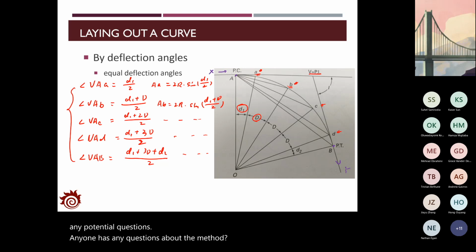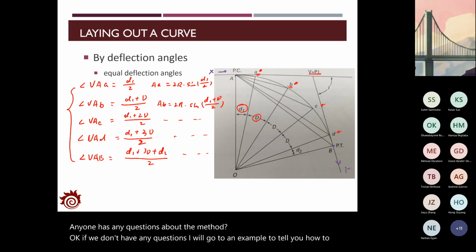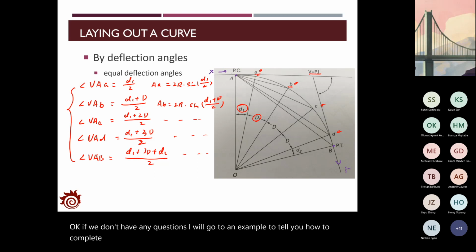Okay. If we don't have any questions, I will go to an example to tell you how to complete the process of laying out the curve with the deflection angles.